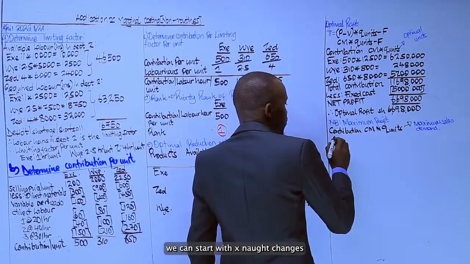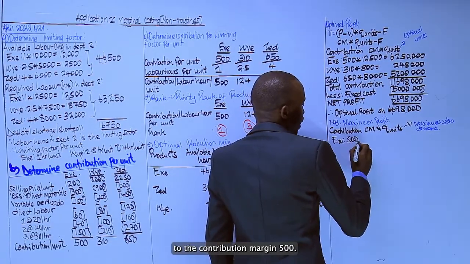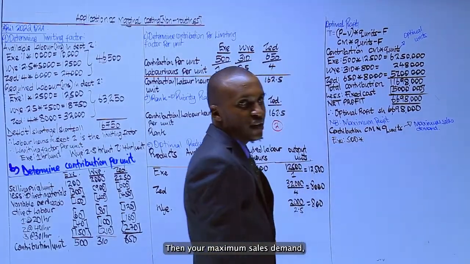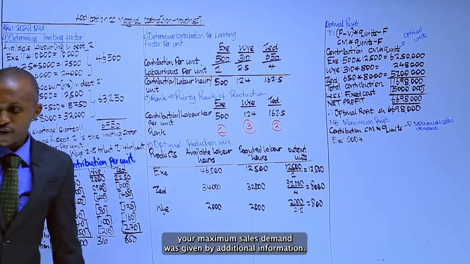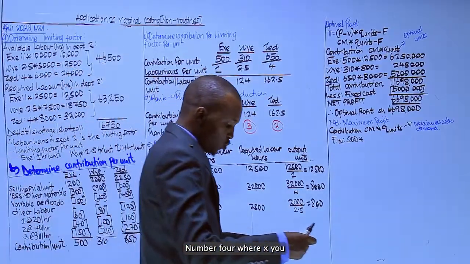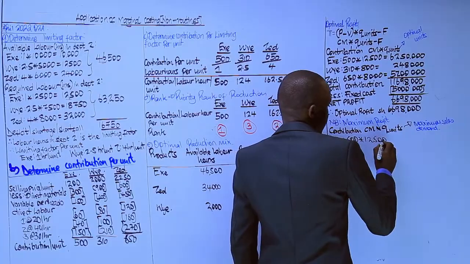We can start with X. No changes to the contribution margin, 500. Then your maximum sales demand was given by additional information number 4, where X's maximum sales is 12,500.